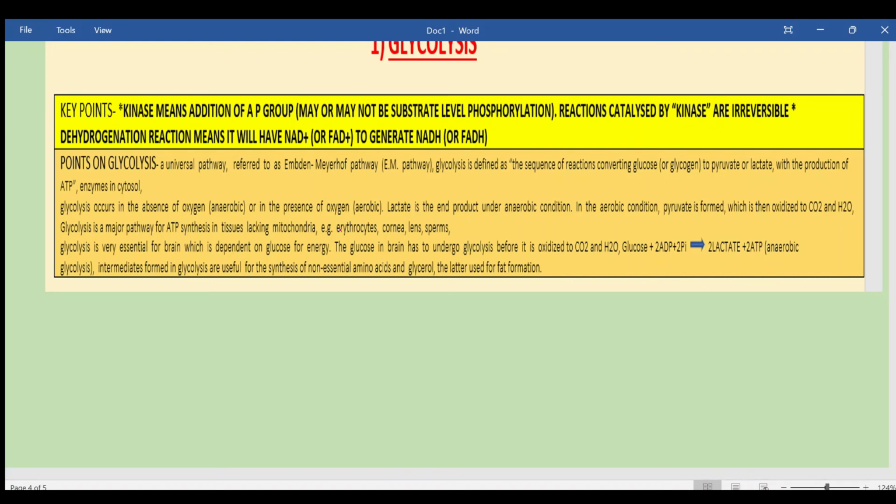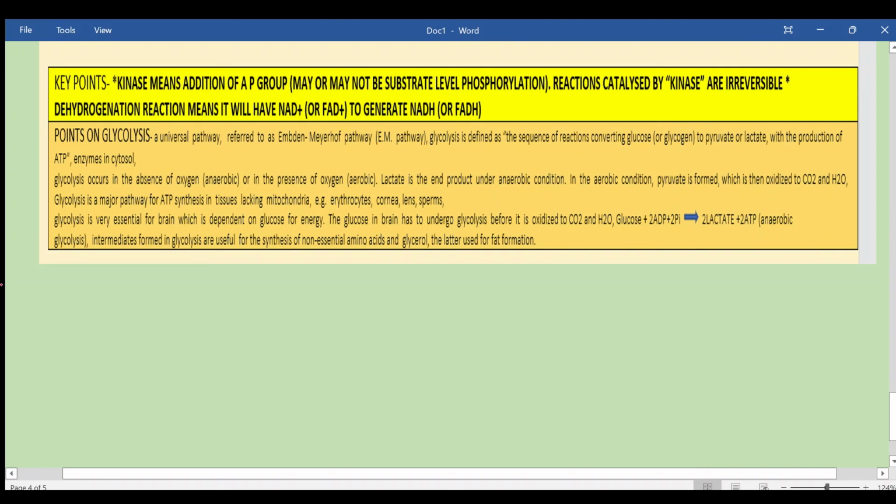But some cells do not have mitochondria, like our red blood cells, cornea, that is cells in the eyes, lens cells, and then sperms, so ATP is generated using glycolysis. Glycolysis is very essential for the brain, which is dependent on glucose for energy. The glucose in the brain has to undergo glycolysis before it is oxidized to CO2 and water.